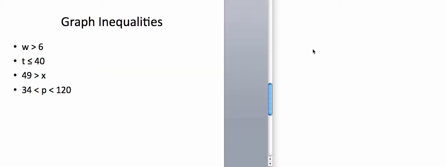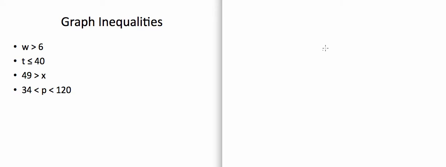Now, they're also going to be asking you to graph inequalities. And how we're going to graph these is on a number line. So what we have here is a number line. It's got arrows on each side. We put the number 6 right there.